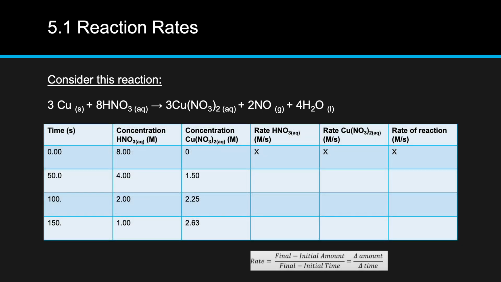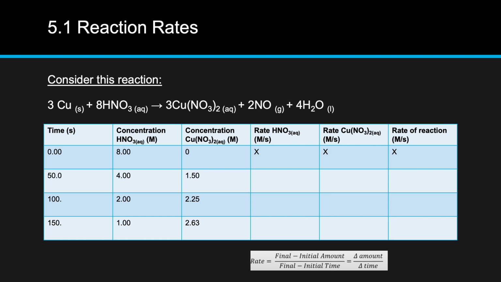All right, so using that same reaction, let's go over how to solve for rates of different reagents and also the overall rate of reaction. So again, this is using nitric acid and copper(II) nitrate from the reaction shown. And first we're going to calculate the rate of nitric acid at 50 seconds after the reaction occurs.